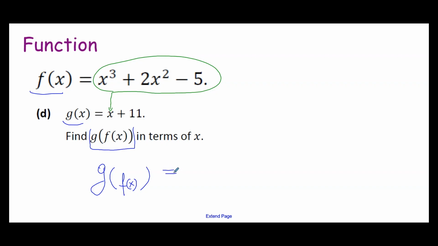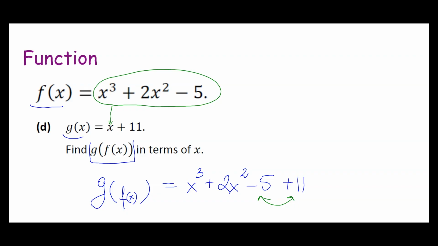So that means that instead of x, we are putting our f function, which is x to the power of 3 plus 2x to the power of 2 minus 5, and then plus 11. Now, the only thing we can do here is add these two numbers.